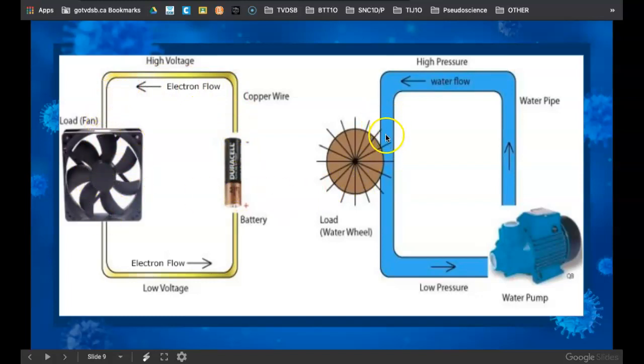So when the water molecules pass through, the water wheel turns, but then the water has low energy. There's low pressure here, right? So there's a big push from the water pump. So it has a lot of pressure behind it here, but then by the time it gets back to the water pump, the pressure is low.